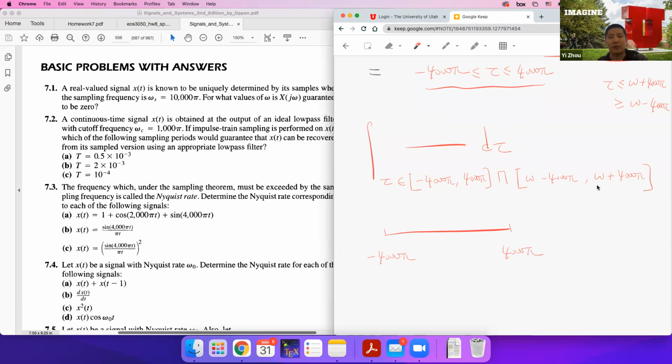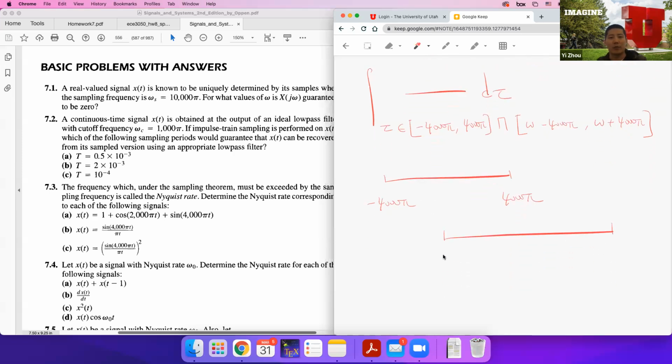The next interval is this interval shifted by omega, so it goes from omega minus 4,000 pi to omega plus 4,000 pi.